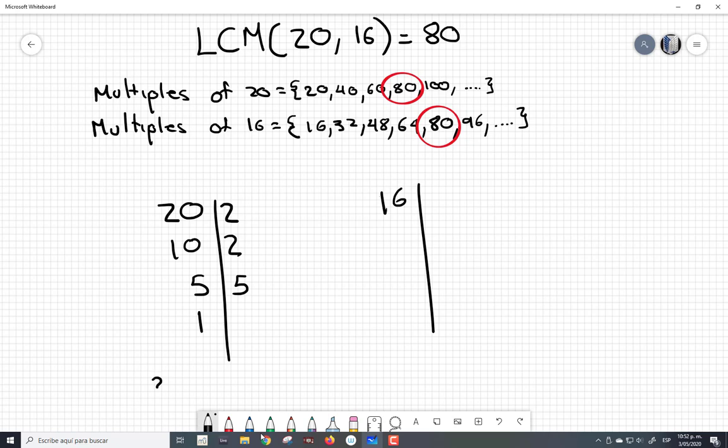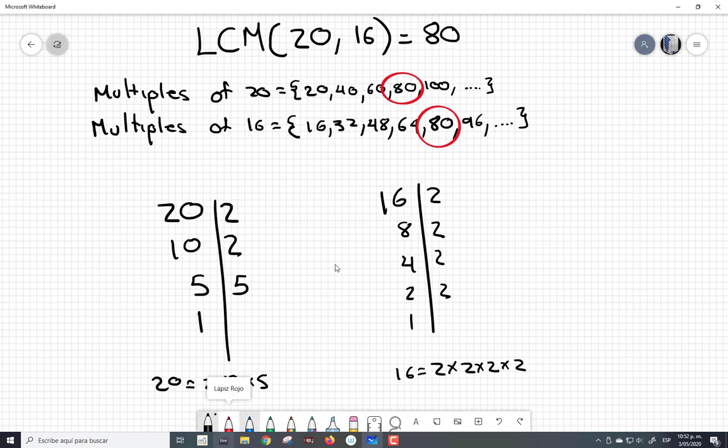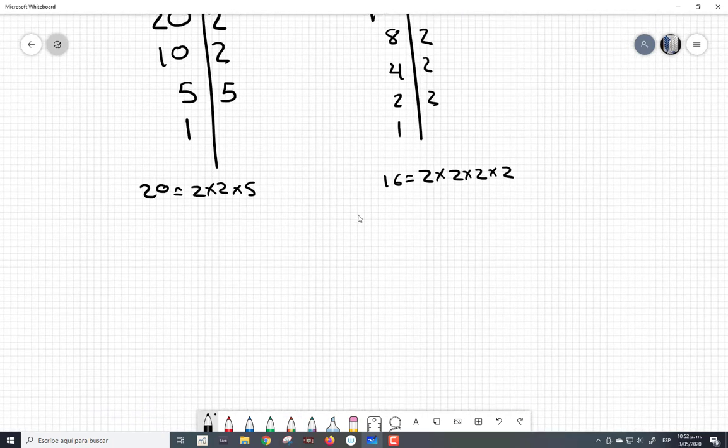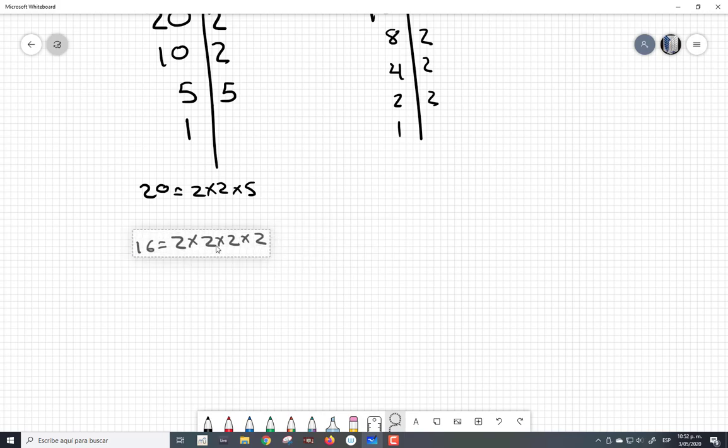So it means that 20 is 2 times 2 times 5. And it means that 16 is 2 times 2 times 2 times 2. So the next step that we are going to do is that we are going to use these.